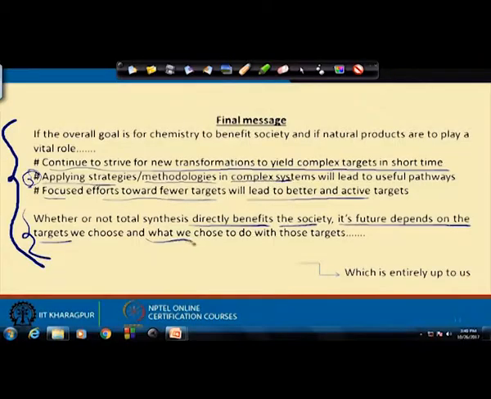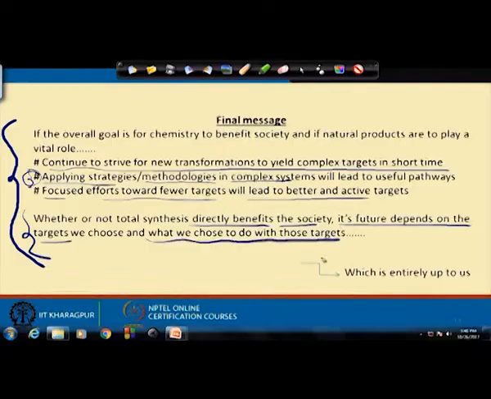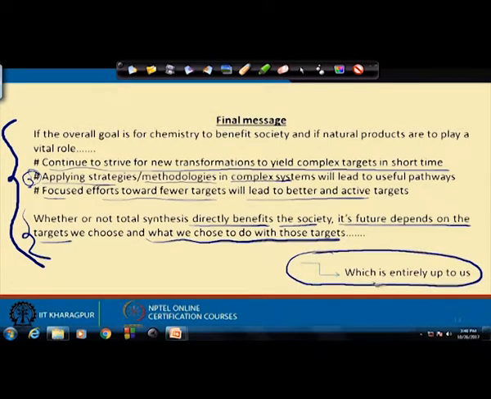And then the point is what we choose to do with those targets, which is entirely up to us, because being a synthetic organic chemist, you need to take it as a challenge: if you are provided with resources, let us make this molecule in sufficient quantity, in a cost effective, economically viable manner, so society can get a direct benefit out of that.